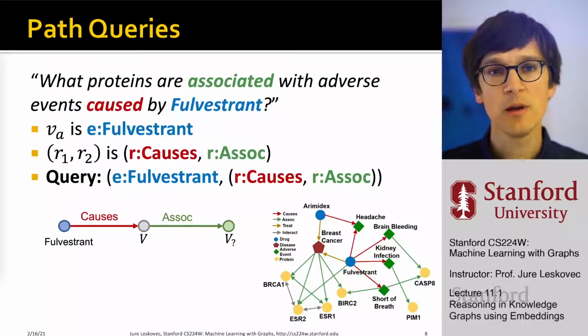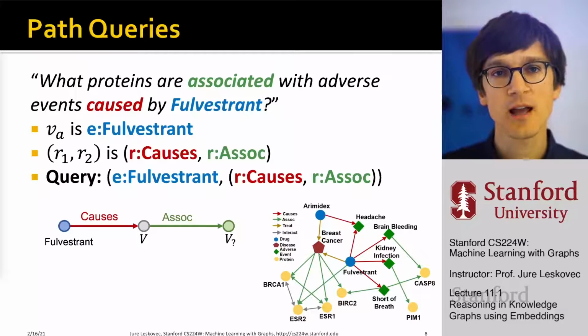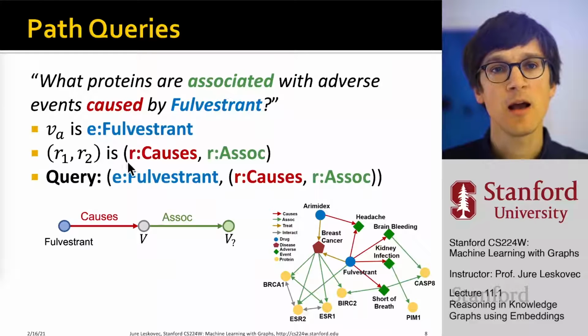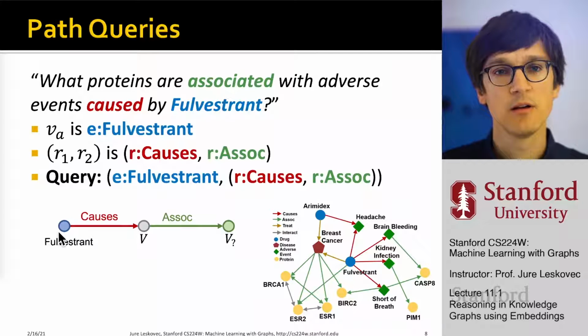To give you an example, I could ask what proteins are associated with adverse events caused by fulvestrant. Right, so if I write this, fulvestrant is my anchor entity, my R1 and R2 are the relations causes and associated, so my query will be: start with fulvestrant, go across the causes relation, and go across the associated relation.